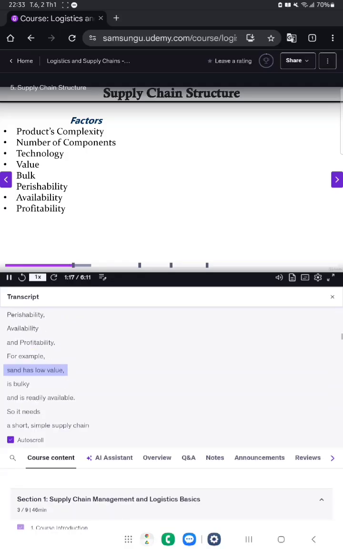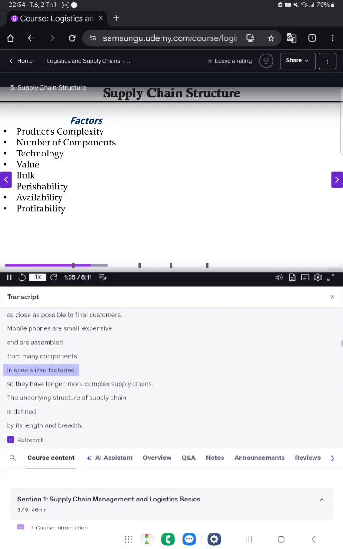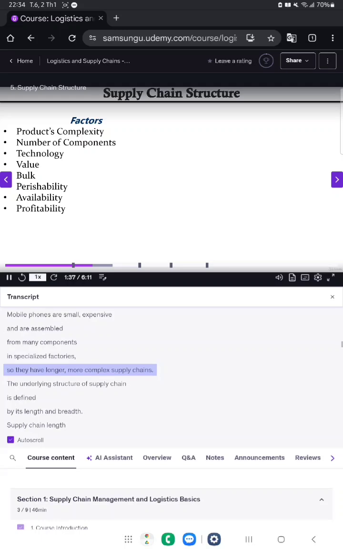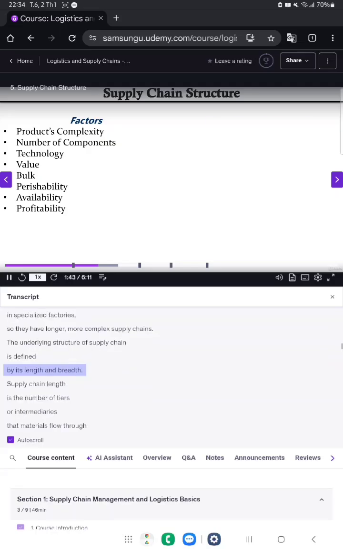For example, sand has low value, is bulky, and is readily available, so it needs a short, simple supply chain with suppliers as close as possible to final customers. Mobile phones are small, expensive, and are assembled from many components in specialized factories, so they have longer, more complex supply chains. The underlying structure of a supply chain is defined by its length and breadth.